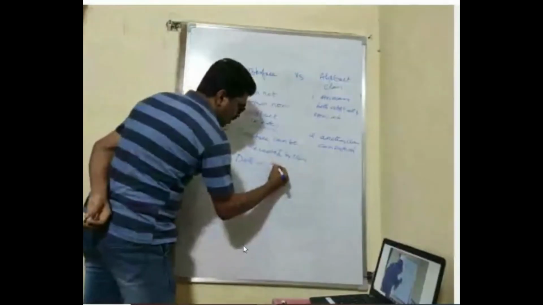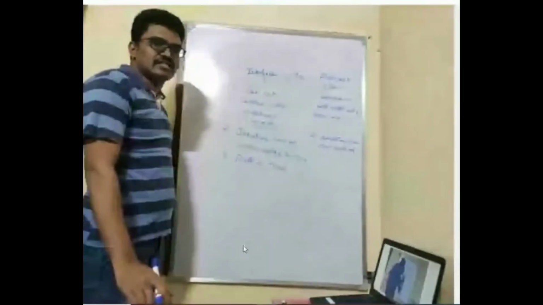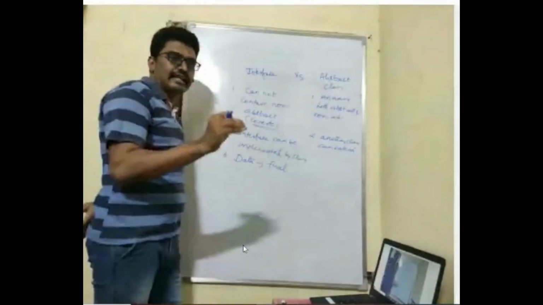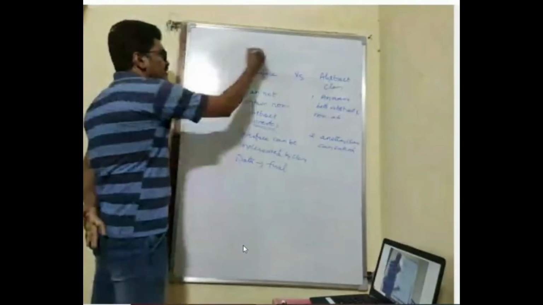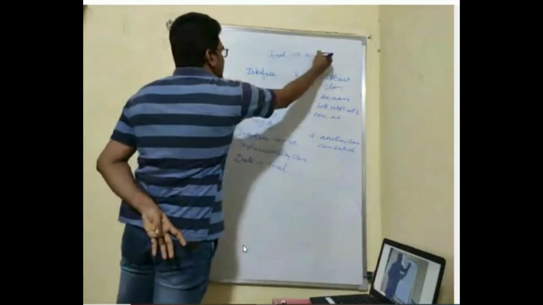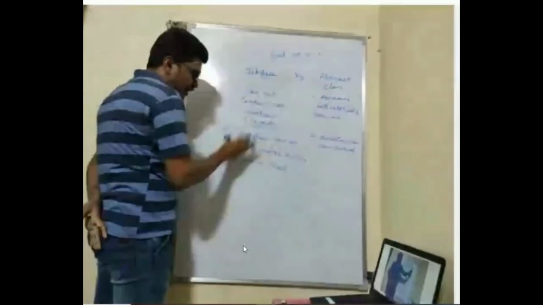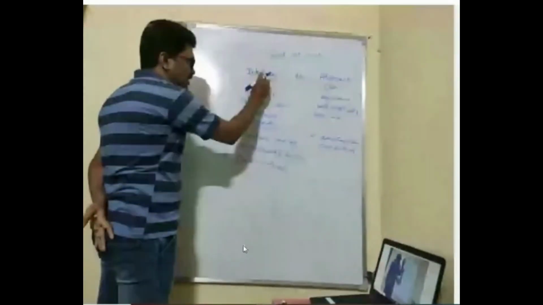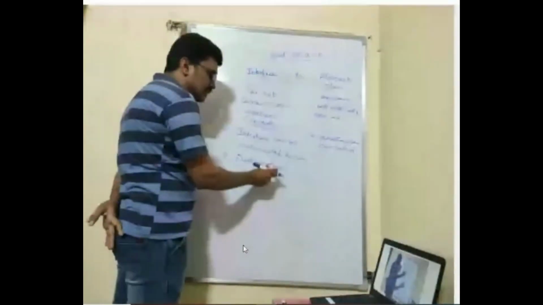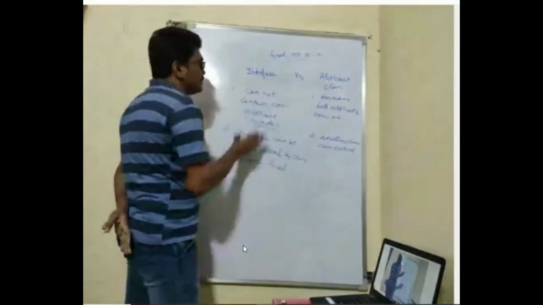Final is a keyword used to define constant data. If I say final int a = 10, this is a constant. By default, the variables in an interface are constants, or final. Final is the other word for constants in Java.